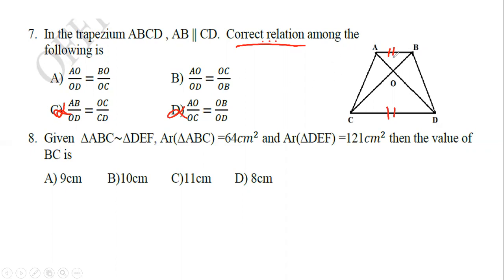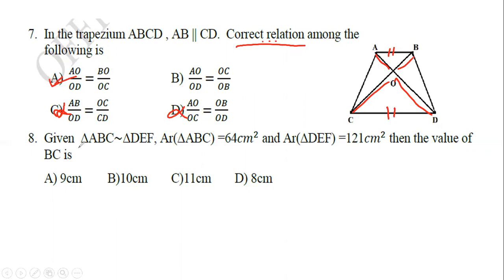Next, AO by OD equals BO by OC. So option A is correct.